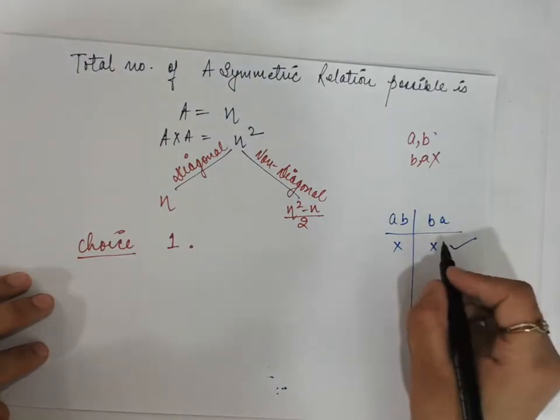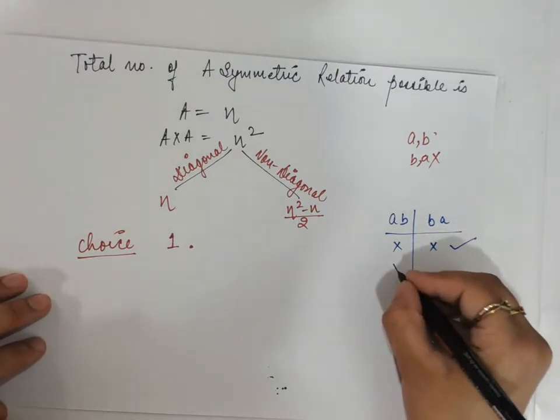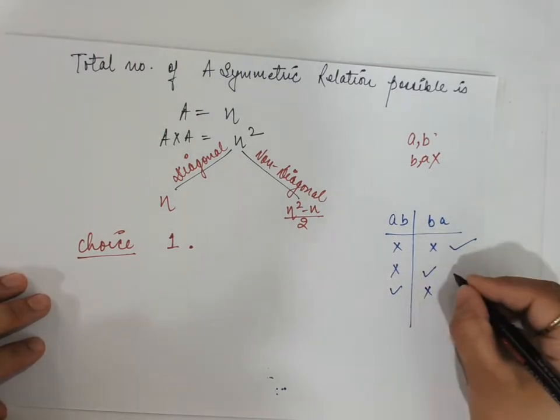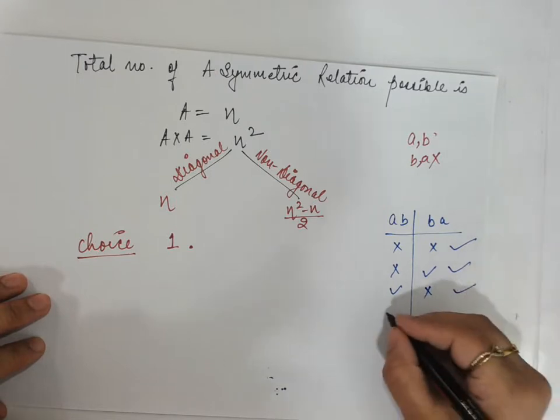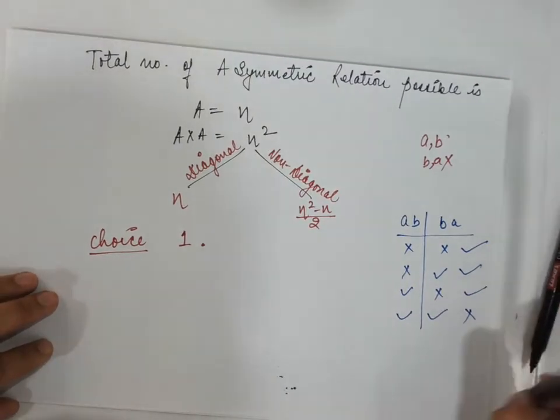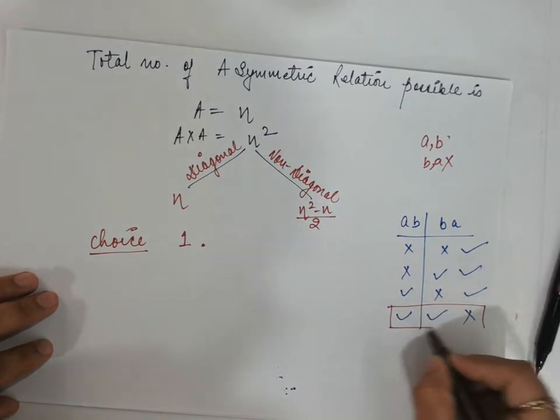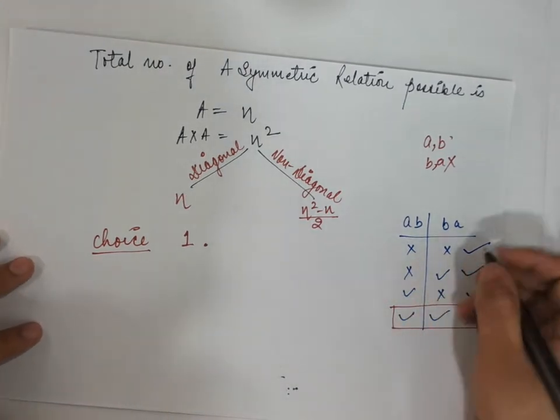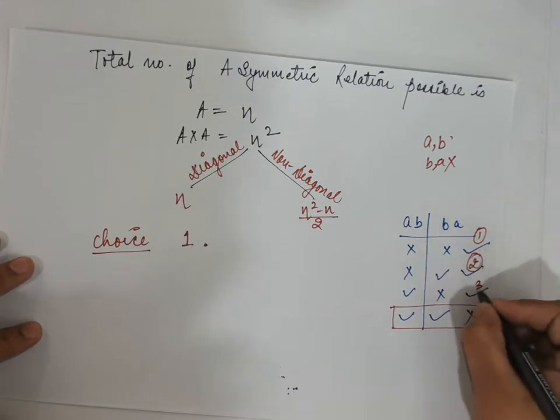Therefore, none of the pair is present, no problem. If one of the pairs is present, no problem. If both the elements are present, then it would be a problem, and it does not satisfy the condition of asymmetric relation. Therefore, they have three choices.